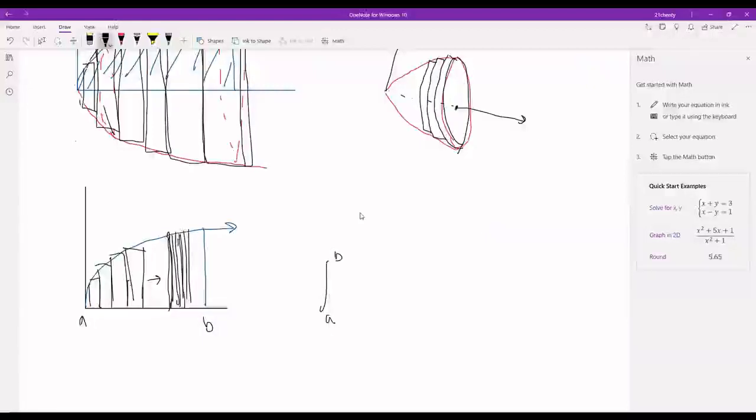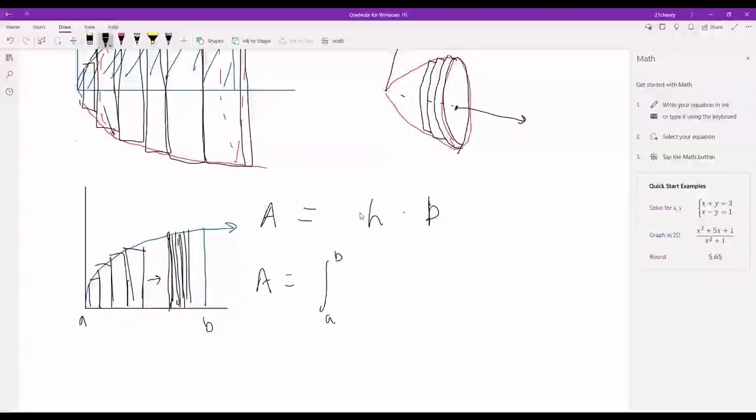So the area of a rectangle is base times height. So let's focus on the height for now. Height times base. The height is whatever this function is.